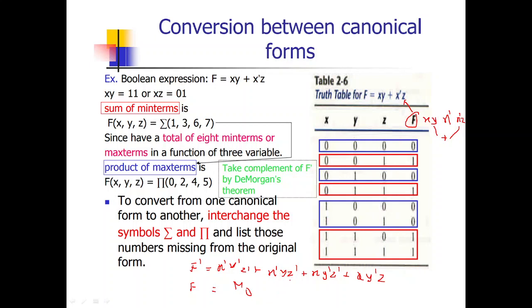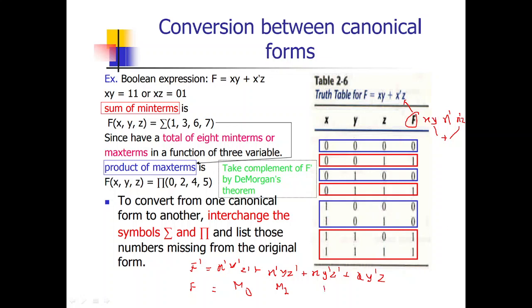Then x dash y z dash is considered as x plus y dash plus z. So it is nothing but M2. And x y dash z dash is considered as x dash plus y plus z.